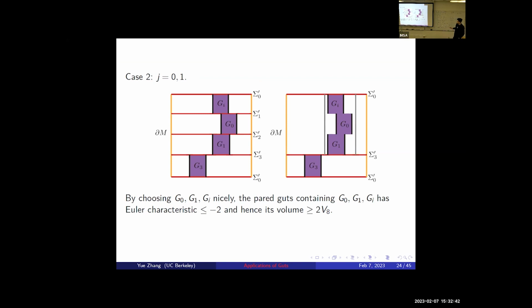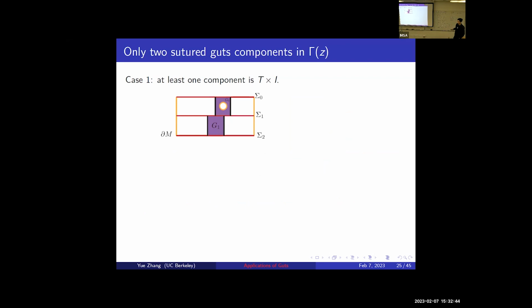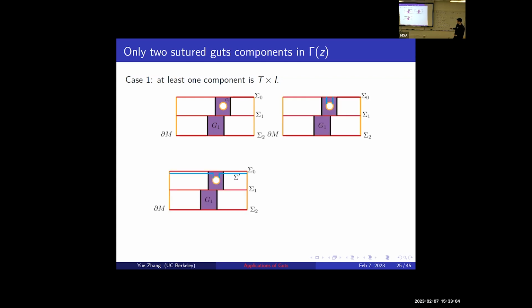All right. Yeah. So the more tricky part is the case that you only have 2 suture guts components. The first case is you have at least one component which is T times I. In this case, I am going to show you how to do some operation to get another surface that can produce a new pair manifold.